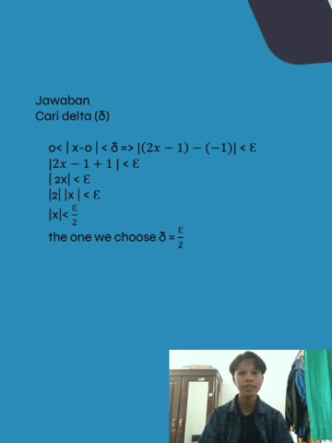It equals |2x minus 1 plus 1| less than epsilon. So |2x| less than epsilon, which means 2 times |x| less than epsilon. So we find that |x| is less than epsilon over 2, and delta is epsilon over 2.